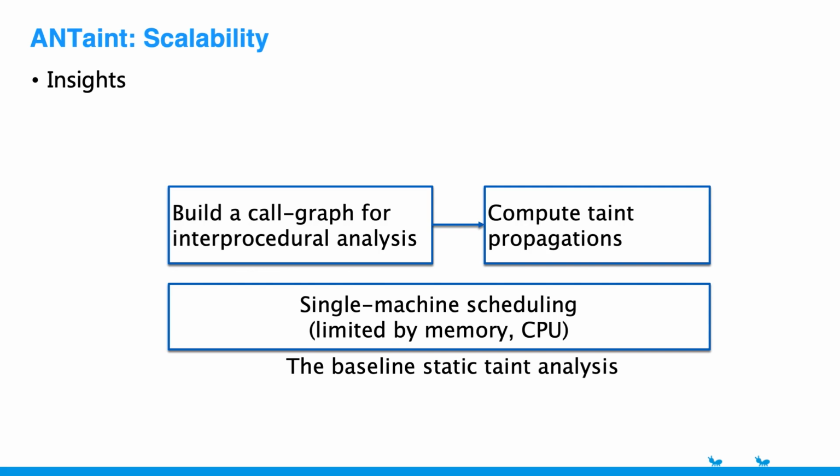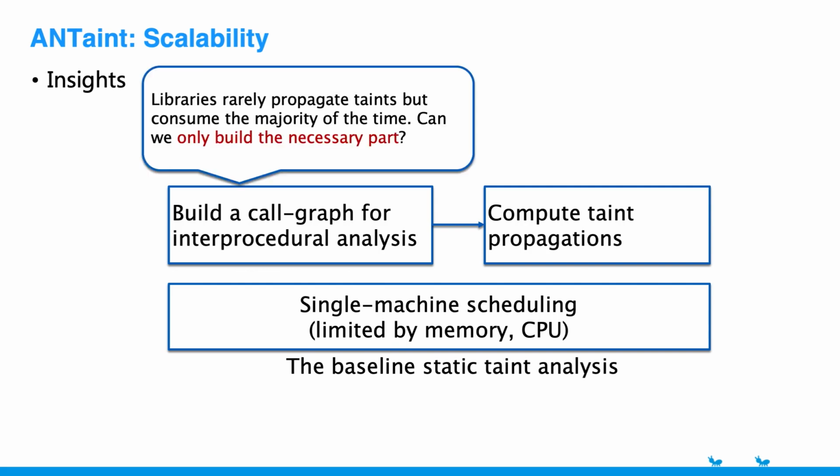In the stage of building a core graph, our observation is that libraries rarely propagate taints, but consume the majority of the time. Thus, our insight is we can build only the necessary part of a core graph.